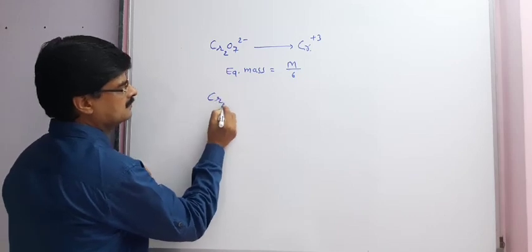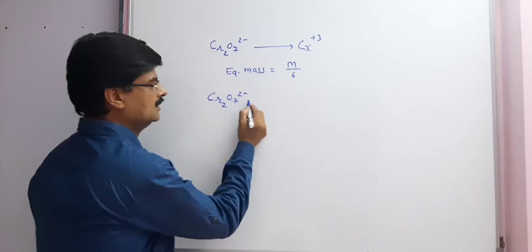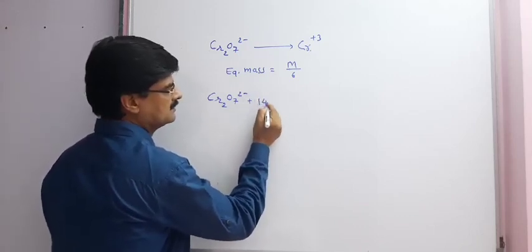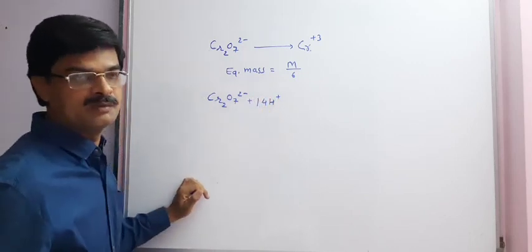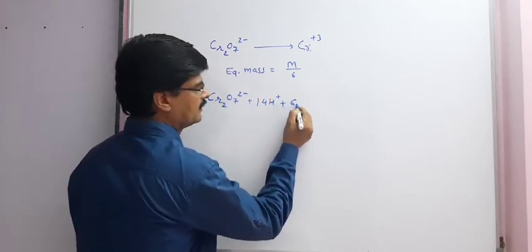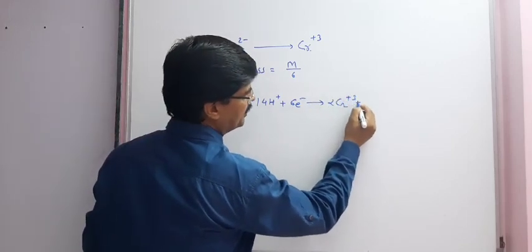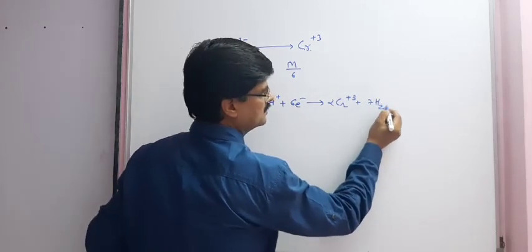Cr2O7 2 minus ion with 14H plus and 6 electrons will give 2Cr3 plus and 7H2O.